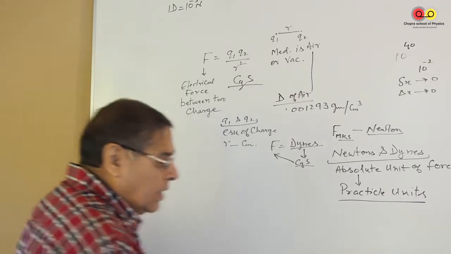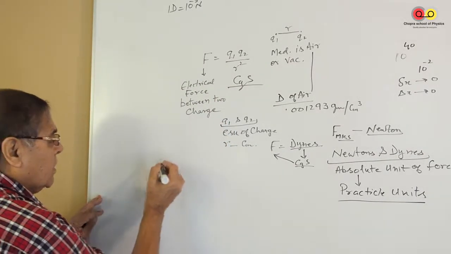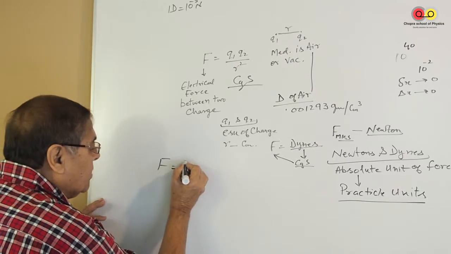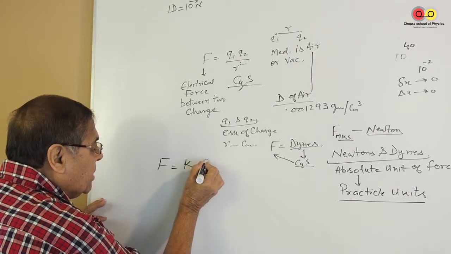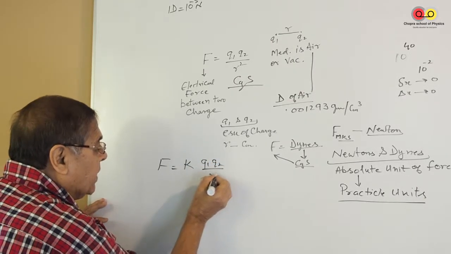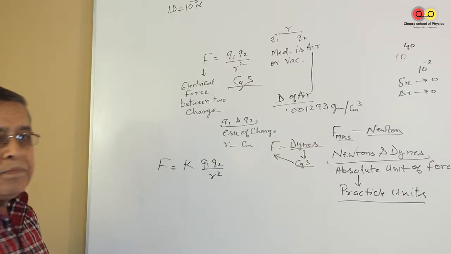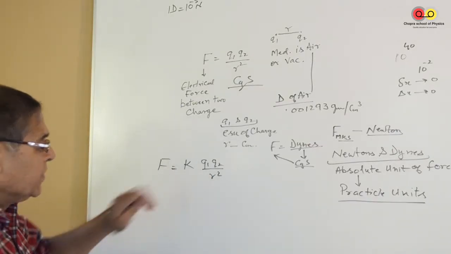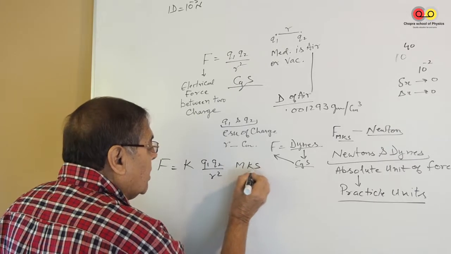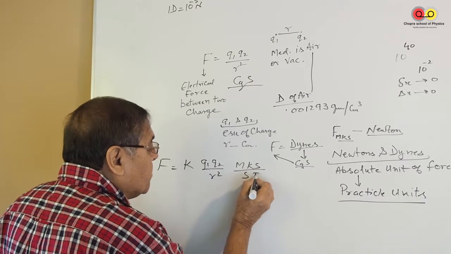And now another thing which you will remember, that is F is given by another formula, that is K Q1 Q2 divided by R square. This formula I have written in the MKS system or SI system.